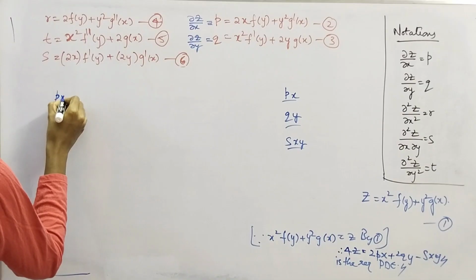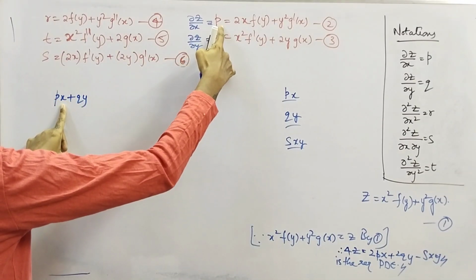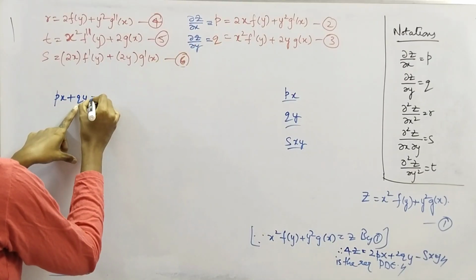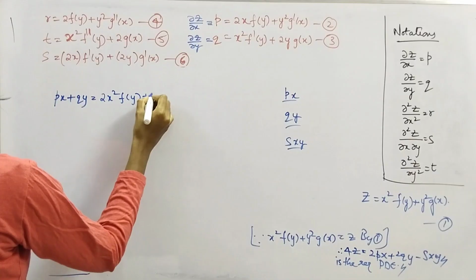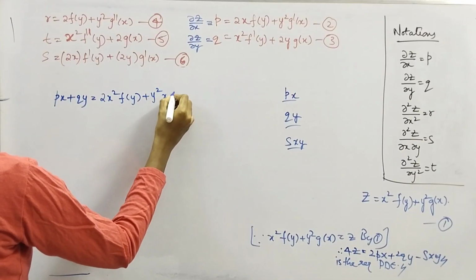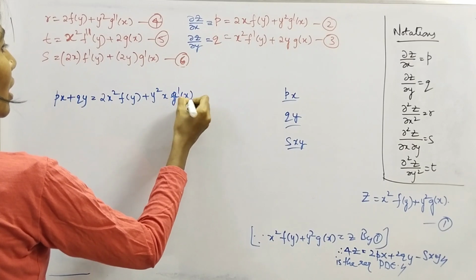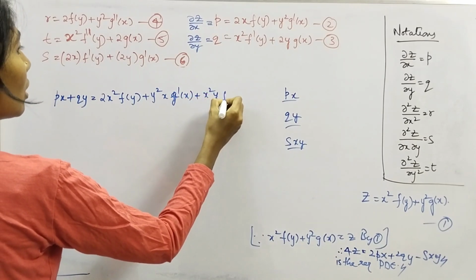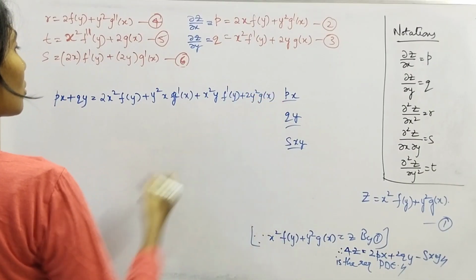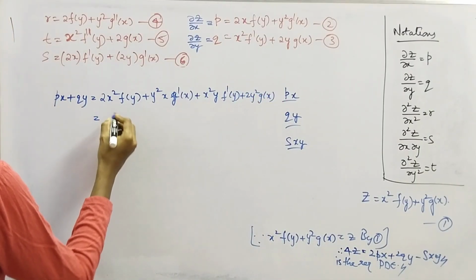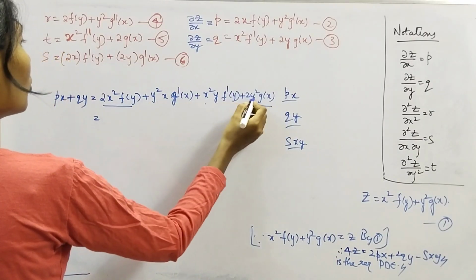Right, now we'll multiply p or equation 2 with x and q with y and see what happens. Okay, 2x square f of y plus x square y g dash of x plus x square y f dash of y plus 2y square g of x. Right, here you can take 2 common from these two terms.